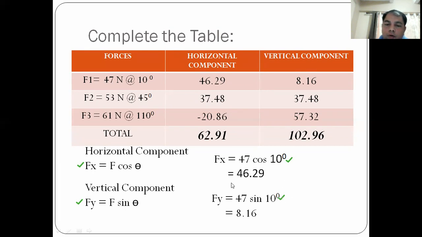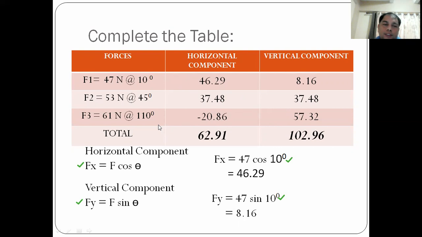And we will get two values here, and they are both positive, 46.29 and 8.16. Now, we have to put them correctly in each of these columns, otherwise we will get it incorrectly. So again, Fx, or cosine, will be placed in the horizontal components, while Fy, or sine, will be placed in the vertical component.